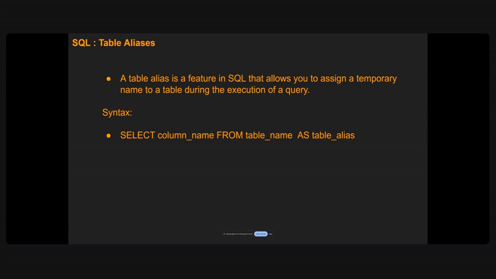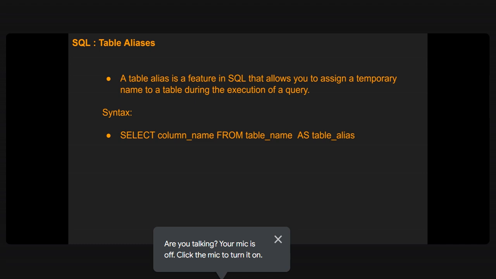When you create an alias, if I say select star from film, I'll give the table alias as F. Just one letter, F, or FLM, something like that. So that's the alias I'll use.